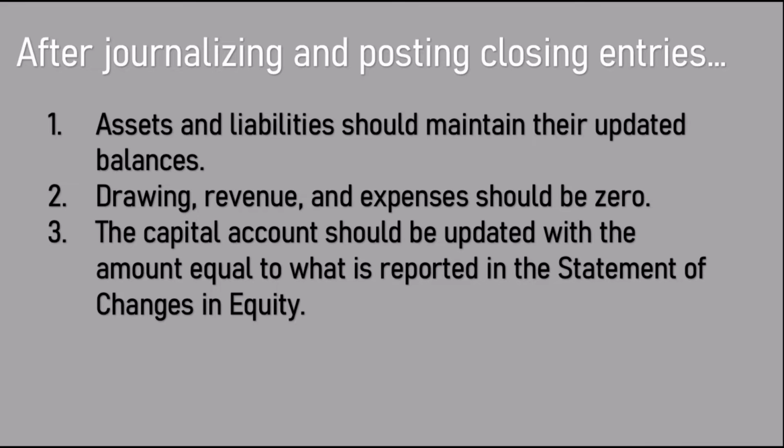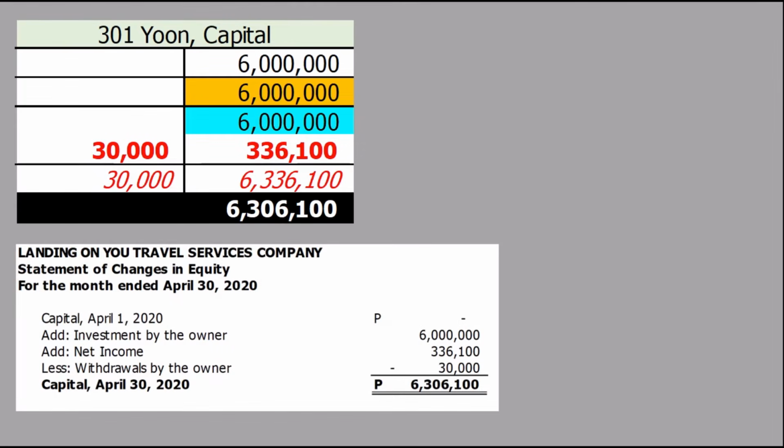So if you still have balances in drawing, revenue, and expenses that are not zero, I think your closing entries are incorrect. So you need to review what you did. Okay, and lastly, the capital account should be updated with the amount equal to what is reported in the statement of changes in equity. To further illustrate step number 3, this is how we do it.